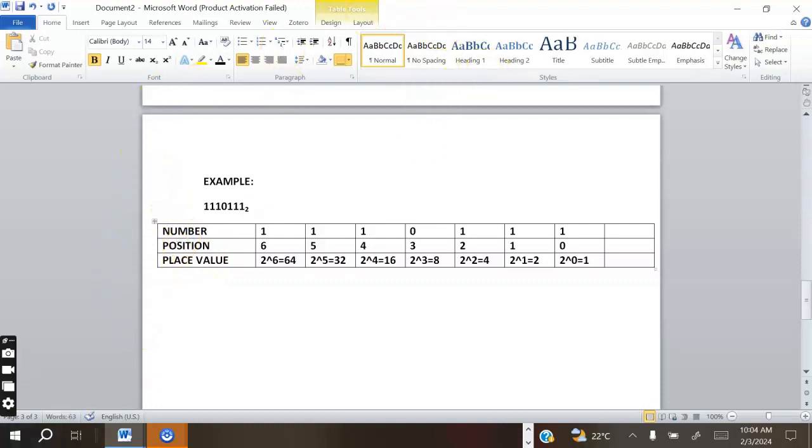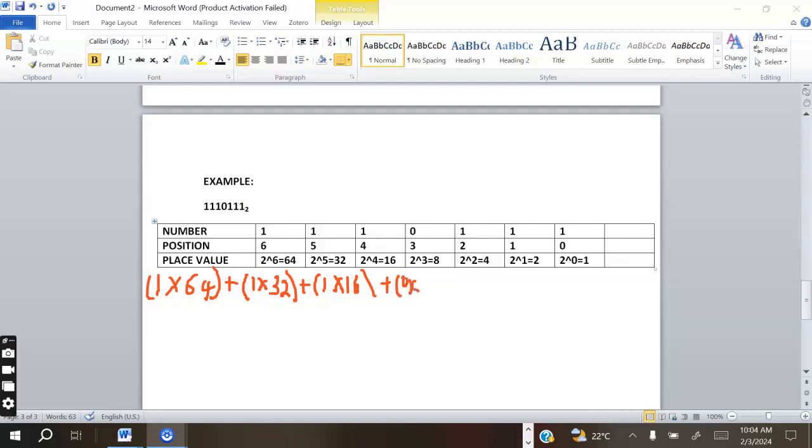So we start with the first number, that is 1 multiplied by 64, plus 1 multiplied by 32, plus 1 multiplied by 16, then plus 0 multiplied by 8.